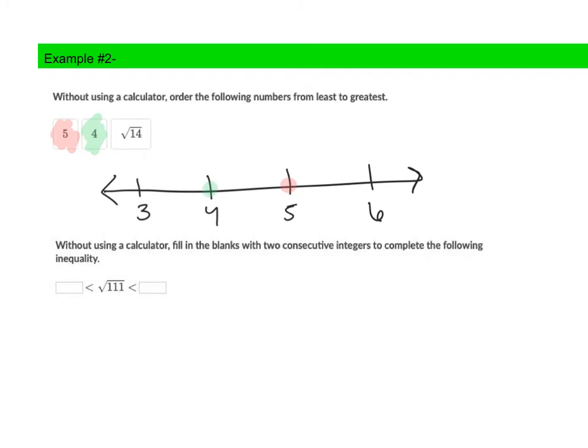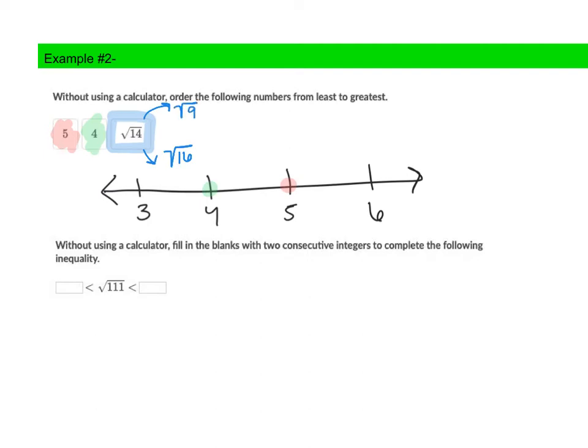Now I need to figure out what the square root of 14 is. So what times what equals 14? Well, I don't know, and I don't know how to find this without a calculator. So I'm going to figure out what perfect squares come right before it and right after it. There's a perfect square that comes right after it, which is 16, right? And the perfect square that comes before it is, well, 16 is 4 squared, so 3 squared, 9.